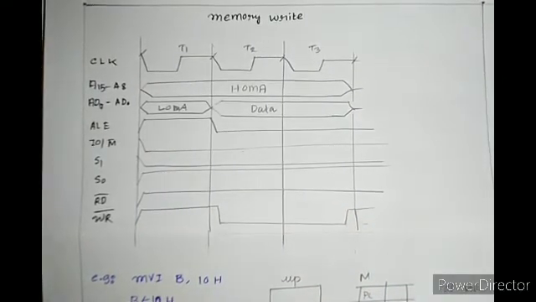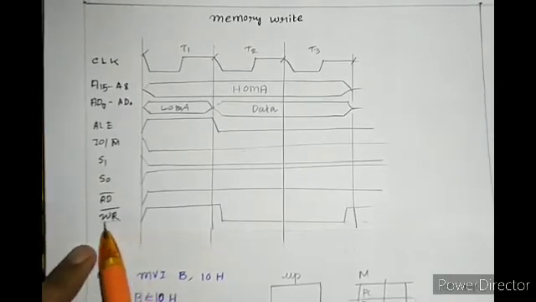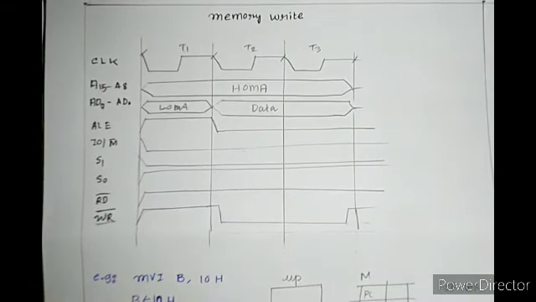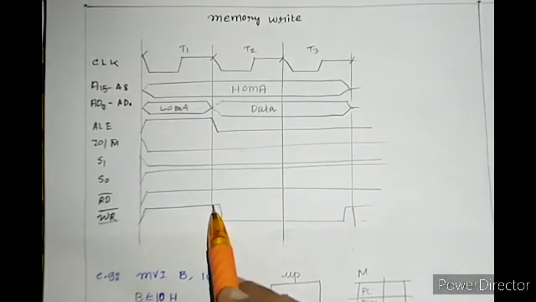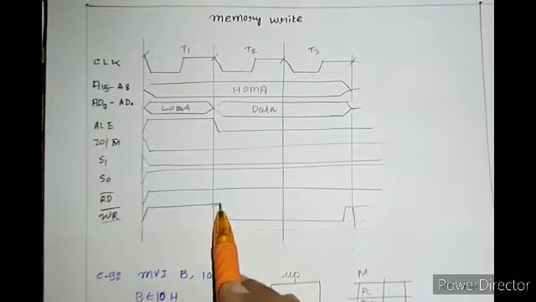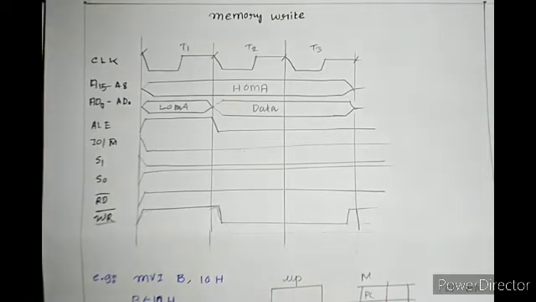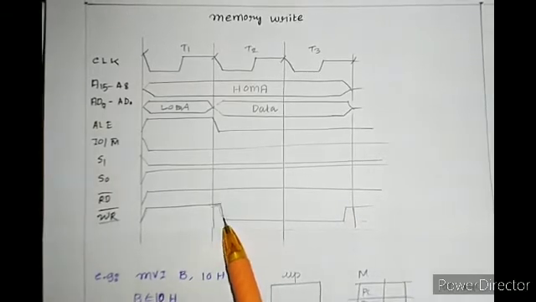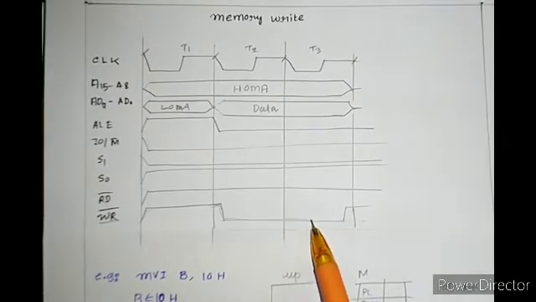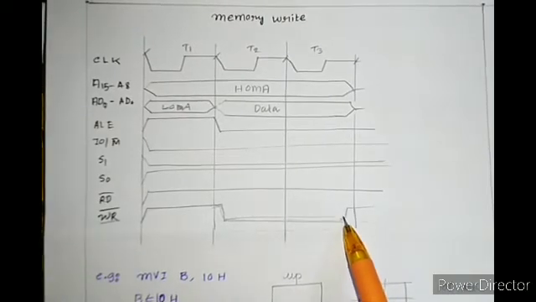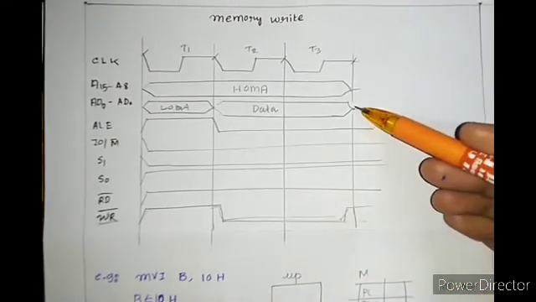Here also, the WR is deactivated at first. Then when the address gets located, this goes low, and this means write the data. Now for the rest of the T states, it will release this signal, and then it has to stop so that the bus carries the data also.